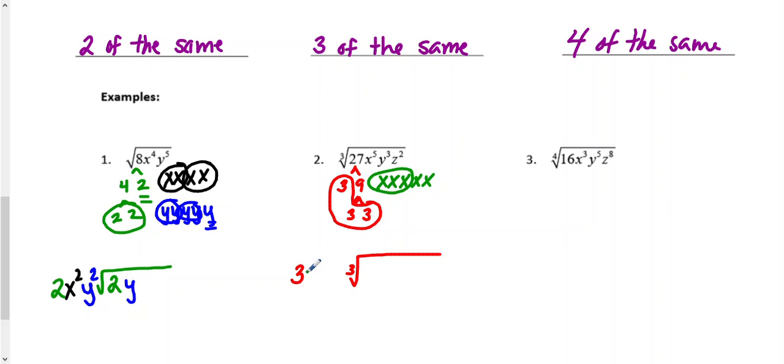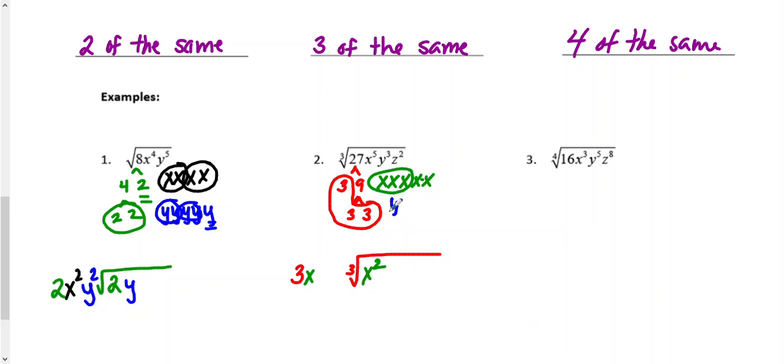Okay, so that means I have one group on the outside. I don't need to write the exponent of 1. Then I have 2 x's still inside. And anything that is not circled, we multiply. So x times x gives us x squared still underneath.